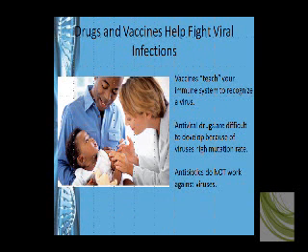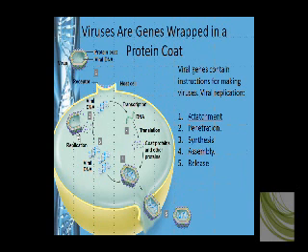Now, the best way to protect yourself from a virus: vaccines. Vaccines work very well. They basically expose your system to a version of the virus. And by version of the virus, all I mean is this surface protein on the virus.